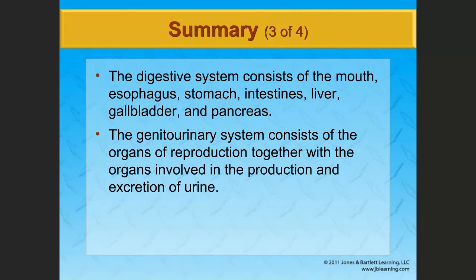The digestive system consists of the mouth, the esophagus, the stomach, the intestines, the liver, the gallbladder, and the pancreas. The genitourinary system consists of the organs of reproduction, together with the organs involved in the production and excretion of urine.